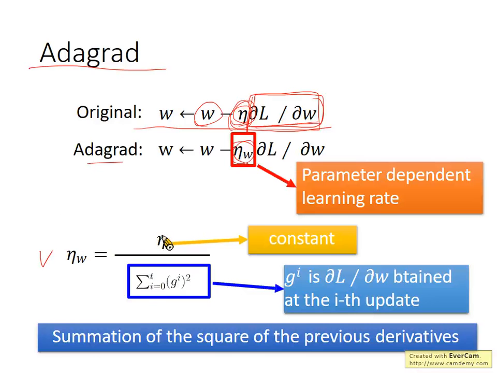We divide the constant eta by this value, where g_i is the gradient obtained at the i-th update, and the square root of the summation of the squares of the previous derivatives becomes the denominator to adjust the learning rate. This is the method called Adagrad.